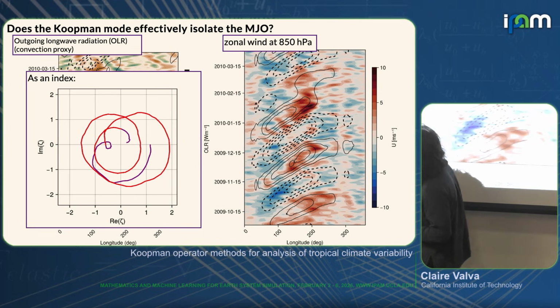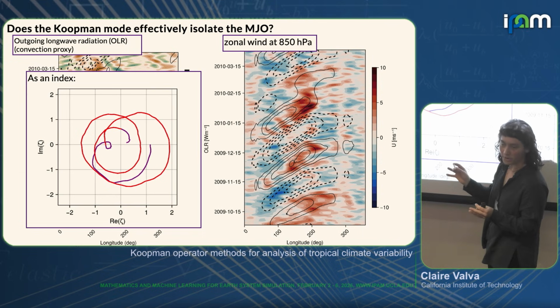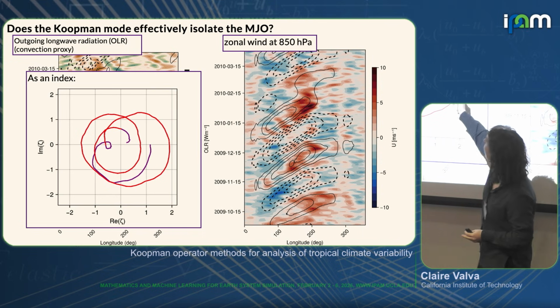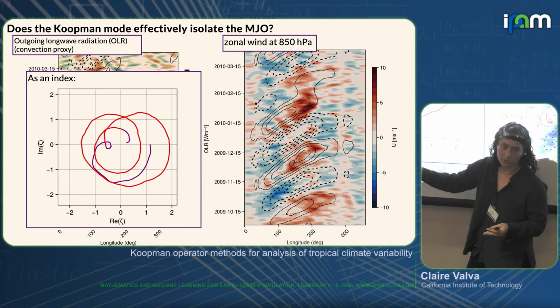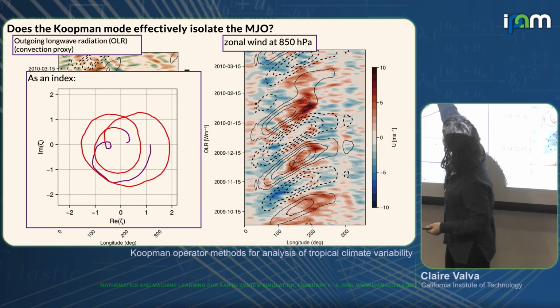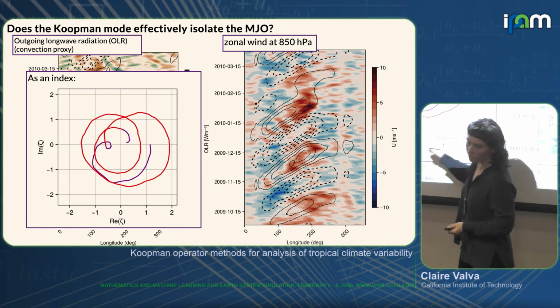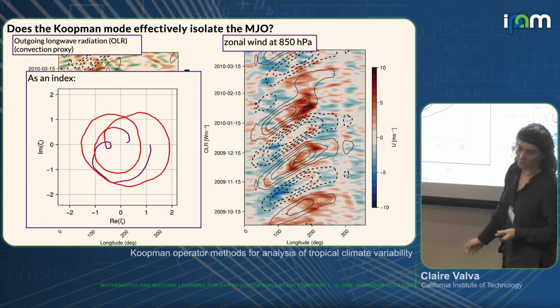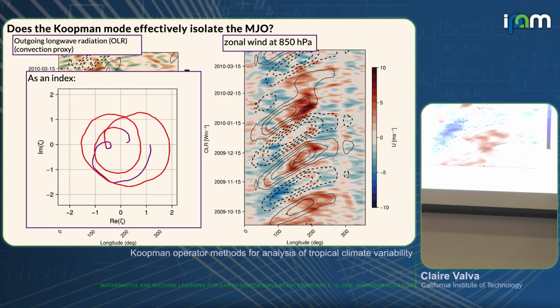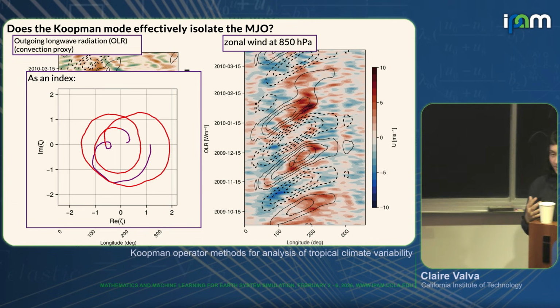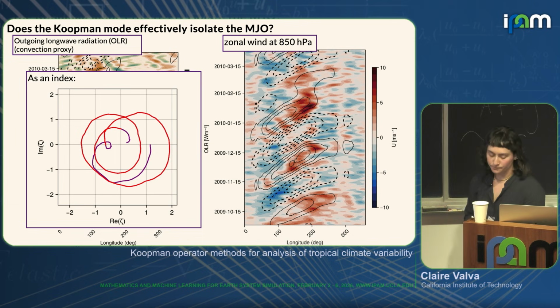What you can see here, which I think is nice, especially when I compare this to the conventional index, is you get 2 loops that go with our 2 MJO periods. Something that starts here and goes around, then something much larger for the more intense second MJO. And so this as an index is at least interpretable in that form.